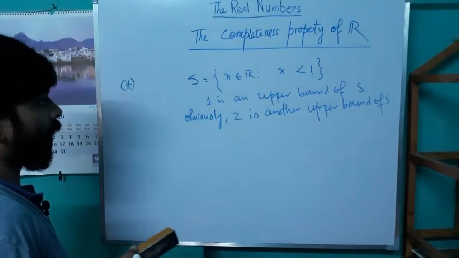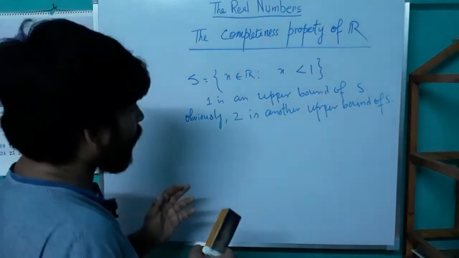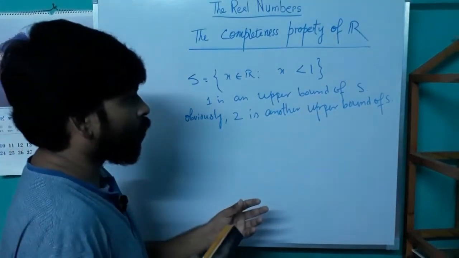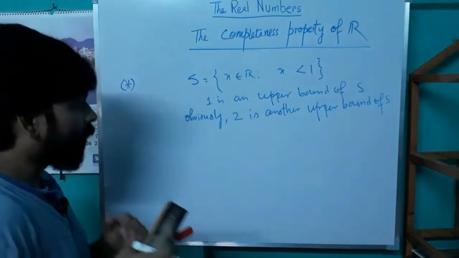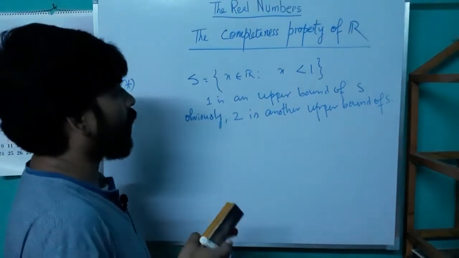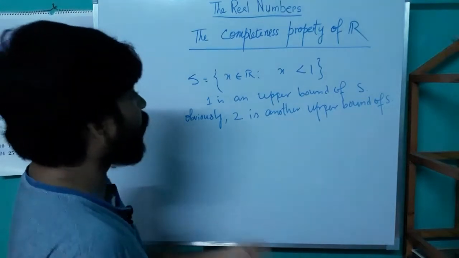So a natural question arises: if we take the set of all upper bounds, which one is the least? This observation motivates us to define the next definition.